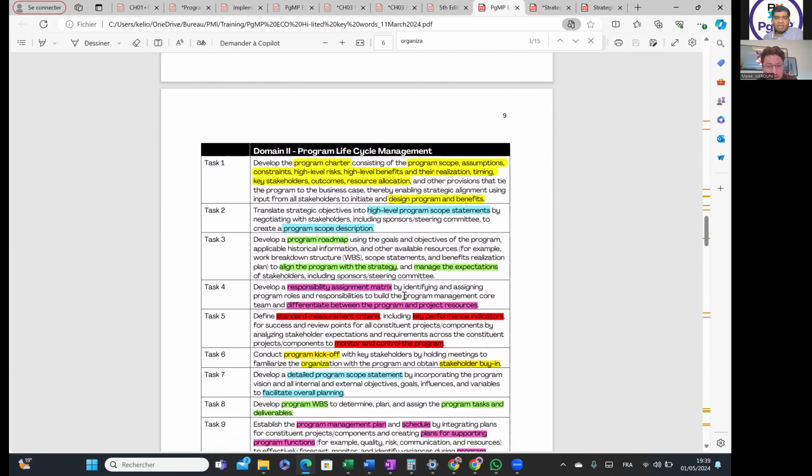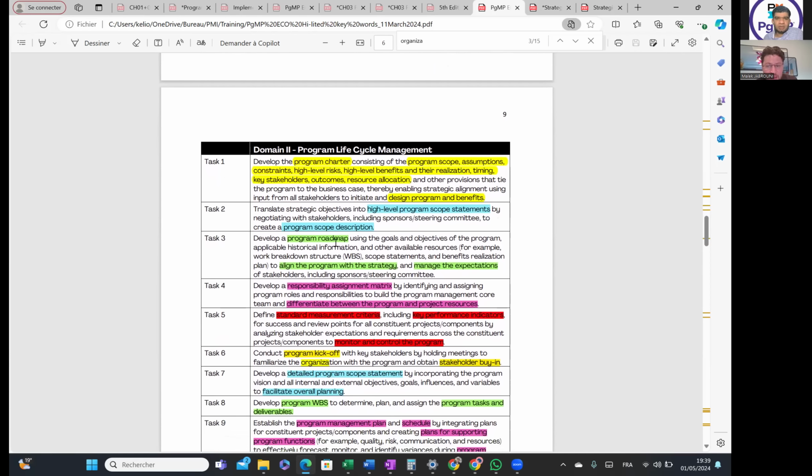Yes. Anyway, this is not covering your scope, but you read this. Develop the program roadmap using the goals and objectives of the program, applicable historical information, and other available resources, for example, work breakdown structure, scope statement, and benefit realization plan, to align the program with the strategy.